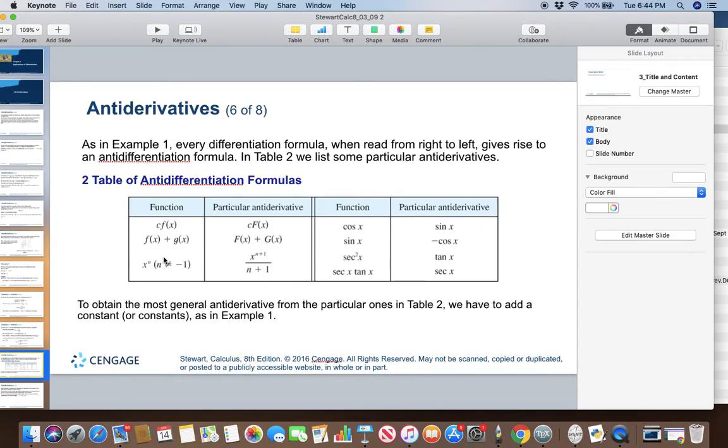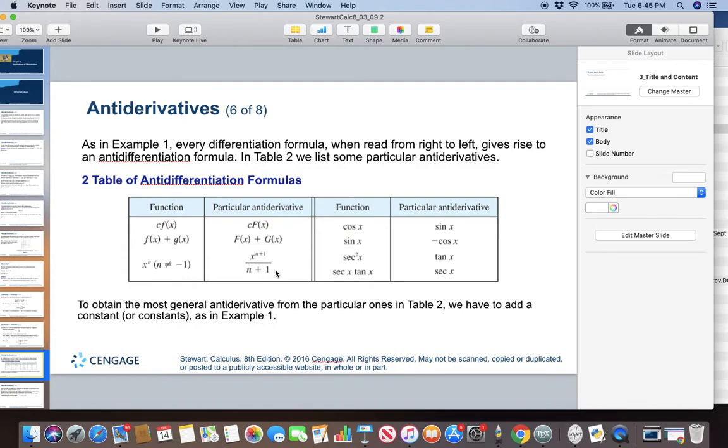Okay, so here is the table of anti-differentiation formulae. If I multiply by a constant c, that continues. If I add two functions, the antiderivatives continue. For x to the power n, the antiderivative is increase and divide. I hope it's clear. Antiderivative is the opposite of derivative. Derivative brings the power down and decreases. Antiderivative increases and divides, right?